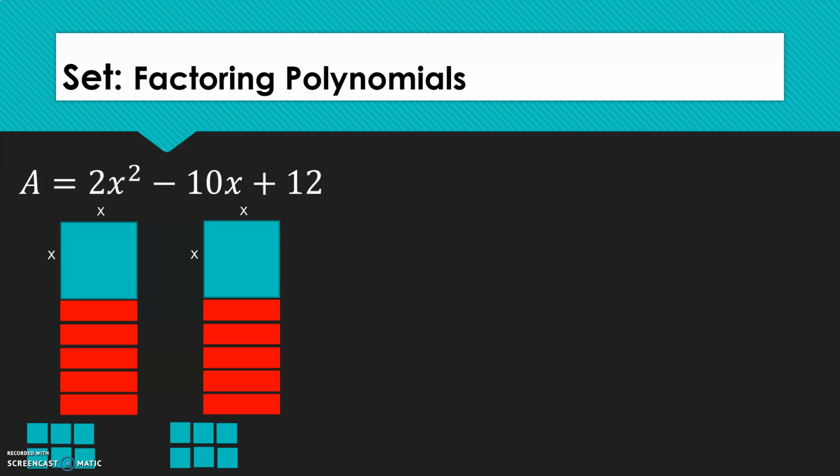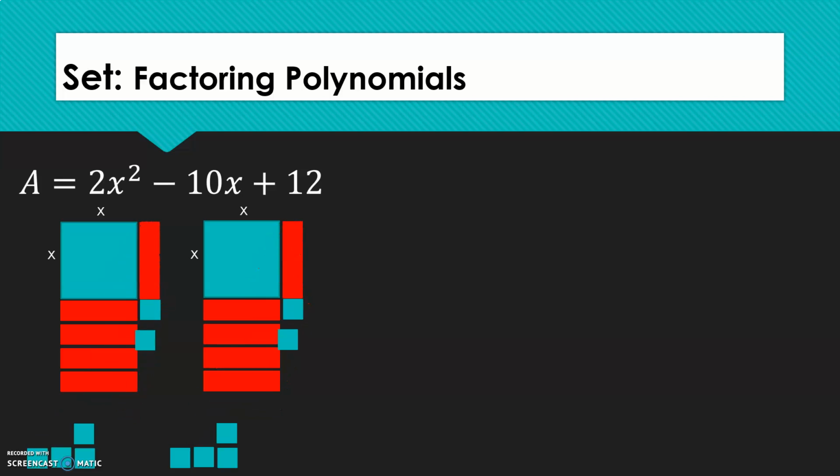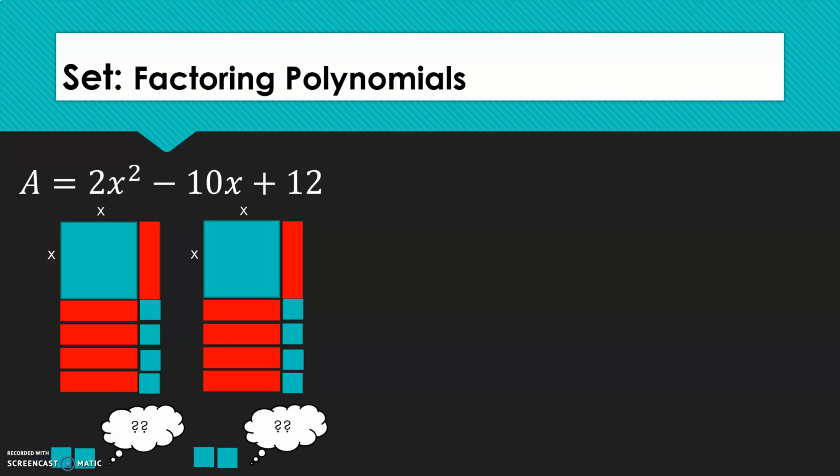Our large squares have x by x on the side. You can see we already have 2 x squareds. Now let's take our negative 10x's and positive 12 and make them into rectangles. This doesn't quite work because I have 4 positive 1s left over.